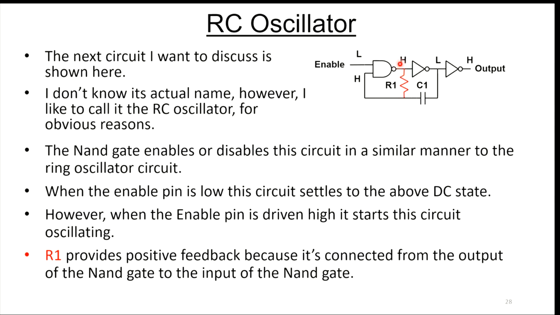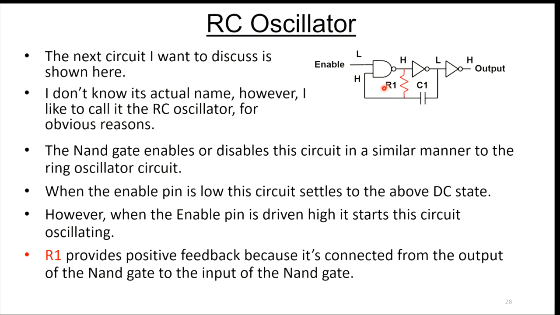And this resistor R1 here provides some positive feedback because it connects the output of the NAND gate basically to its input. When you pull the enable pin high, that NAND gate turns into an inverter. So you have an inverter with its output tied to its input, and the inverter doesn't like that.